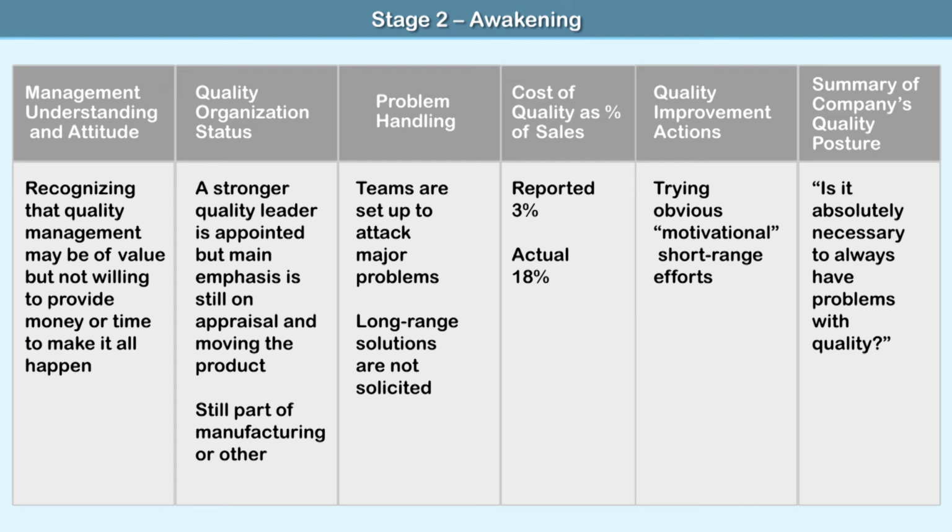Problem handling for stage 2. Teams are set up to attack major problems. Long range solutions are not solicited. Costs of quality as percentage of sales for stage 2 reported is 3%, actual is 18%.